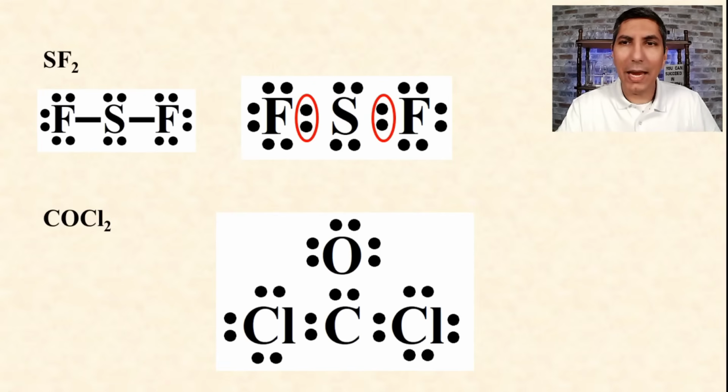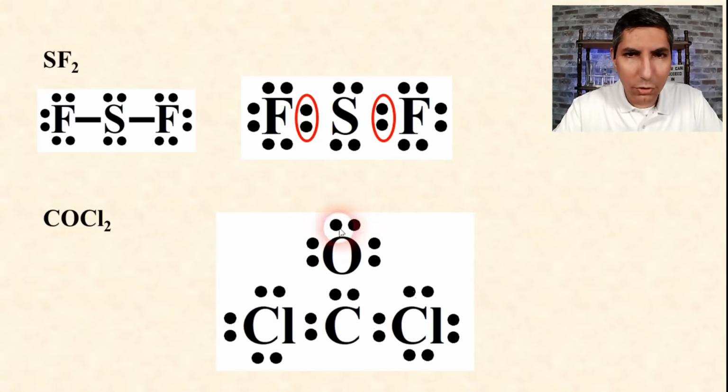And now I am trying to get everything with 8. So does everything have 8 valence electrons the way it's drawn in this structure? Well, no, it doesn't, does it? The oxygen and the chlorines all have 8, but the carbon only has 6, the way it's drawn here. So what I have to do is move some electrons from the outside to the inside.